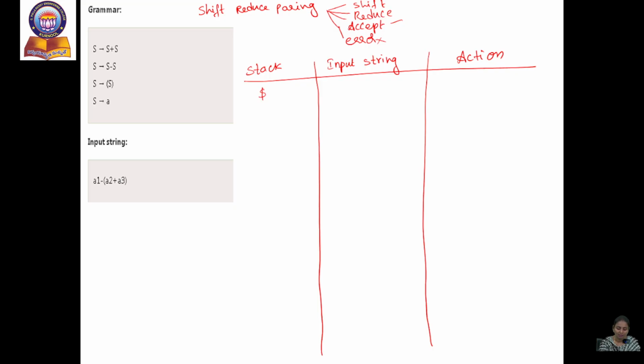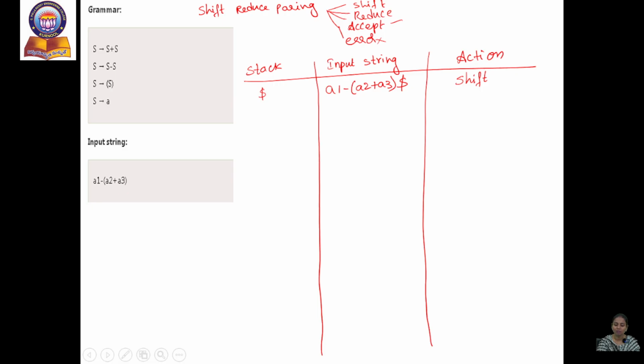So writing the string as A1 minus bracket A2 plus A3, at the end of the input string, dollar must be there. So initially the stack is empty, so the first action to be performed here is shift.